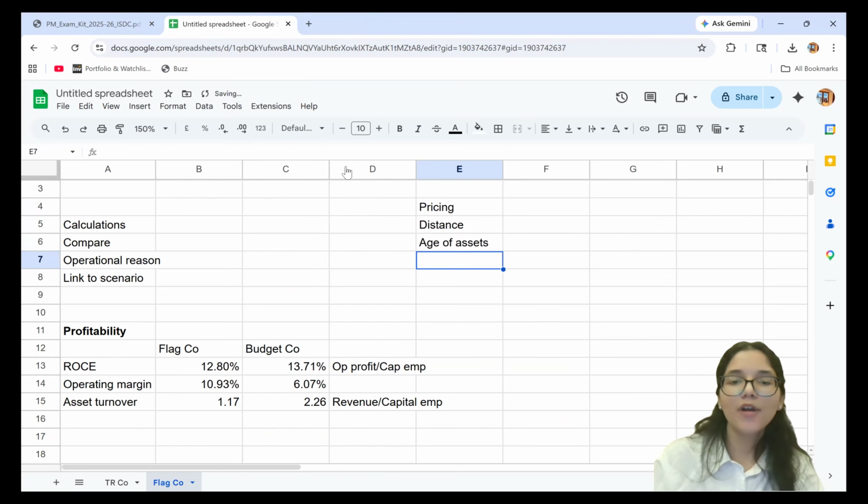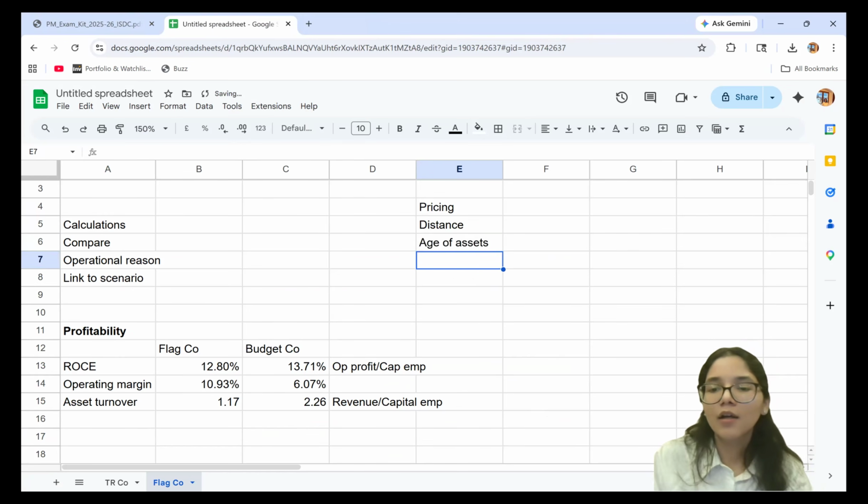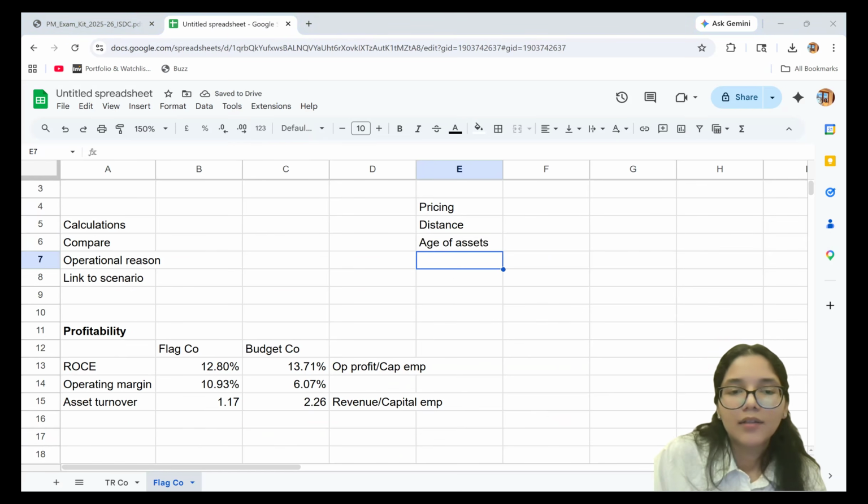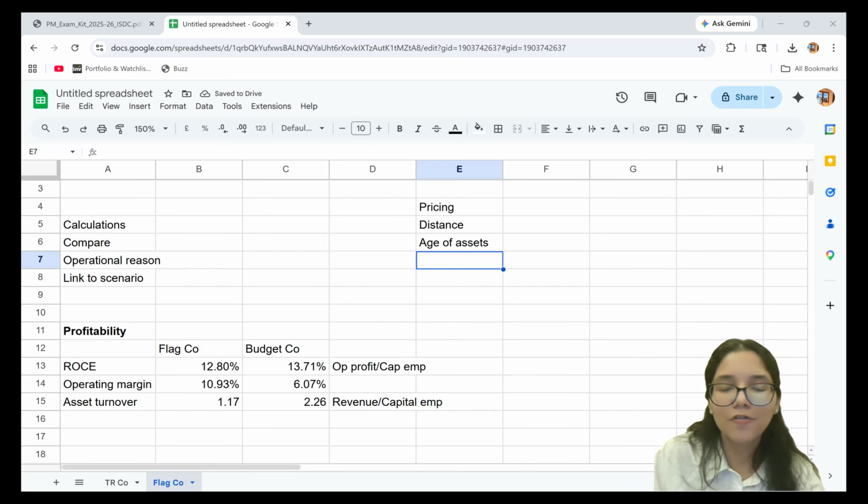So remember these points and now try to correlate what could be the reason. Don't you think this will also have something to do with the distance that is covered? If your flights at budget company are shorter, what does it mean? More number of flights can be run? Yes, more number of flights, that means more amount of revenue that will be possible.